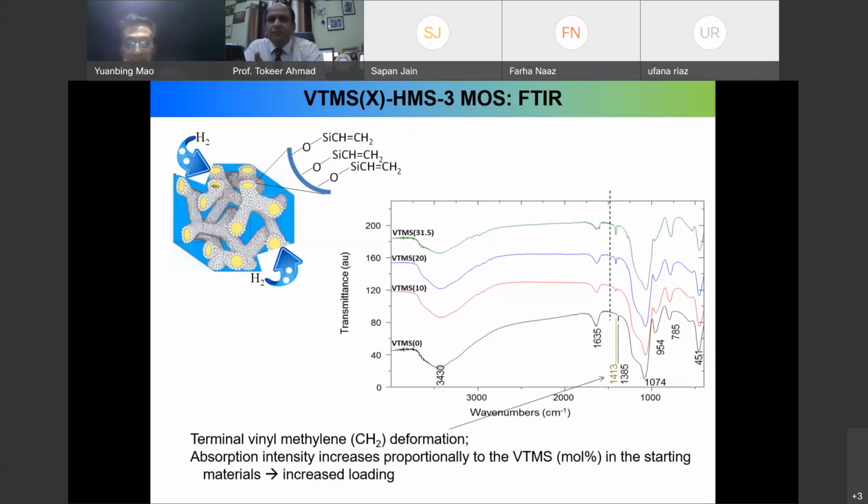That could be an interesting experiment to do, but we didn't have the facility to do that. You mean with the hydrogen in the porous materials? So yeah, unfortunately we didn't do that.